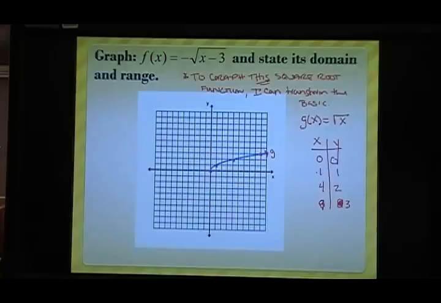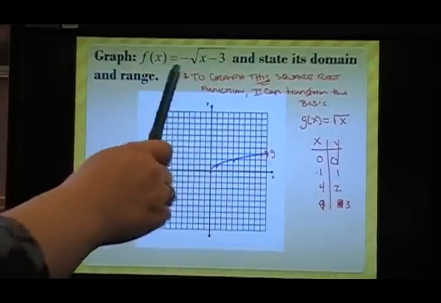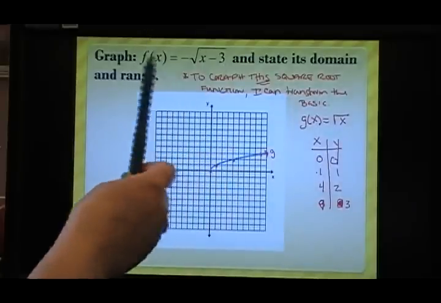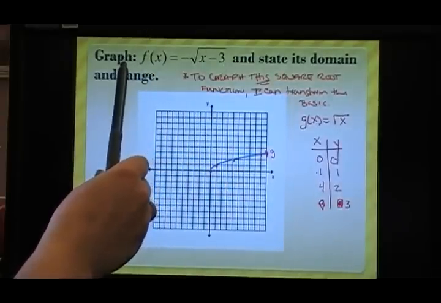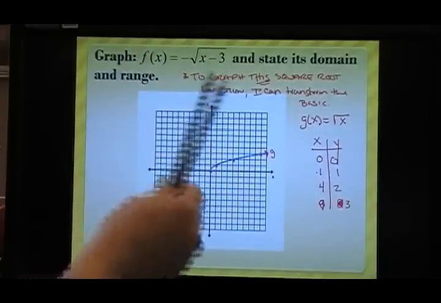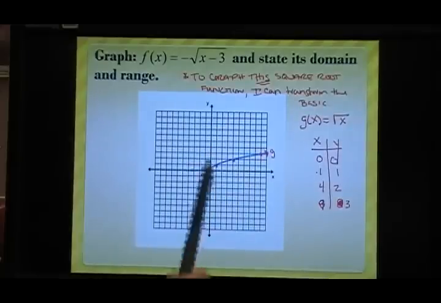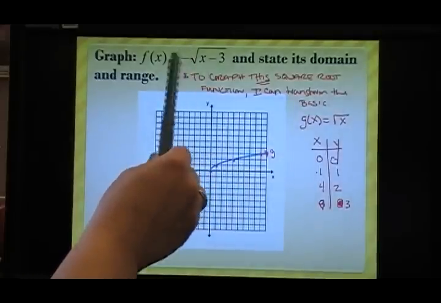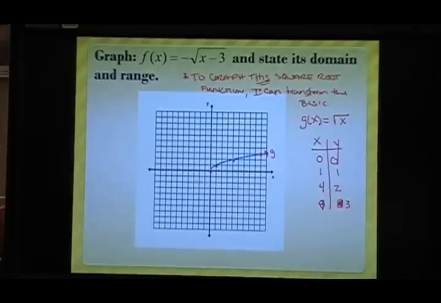And then I go to my function f. So what I'm trying to do by graphing using a transformation, to graph f, I'm taking g, because this is a minus here, I'm going to flip g over the x-axis.